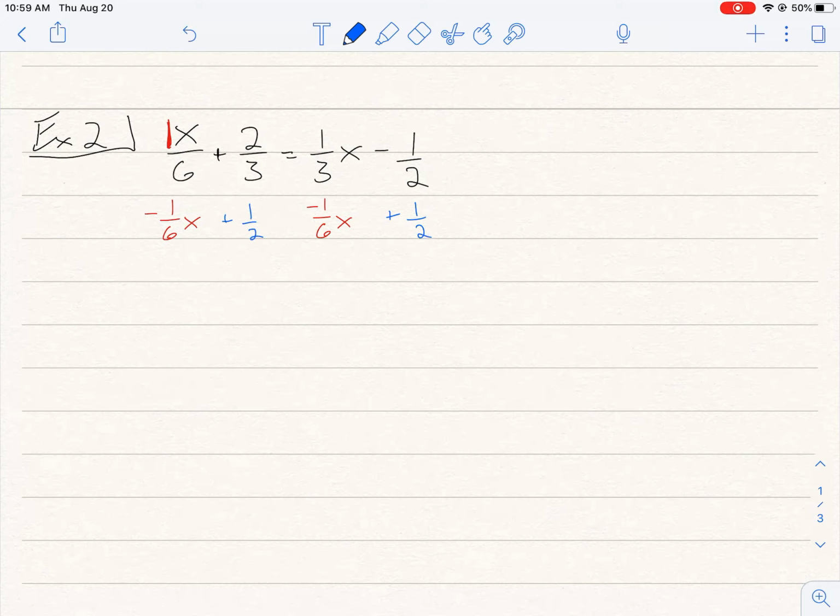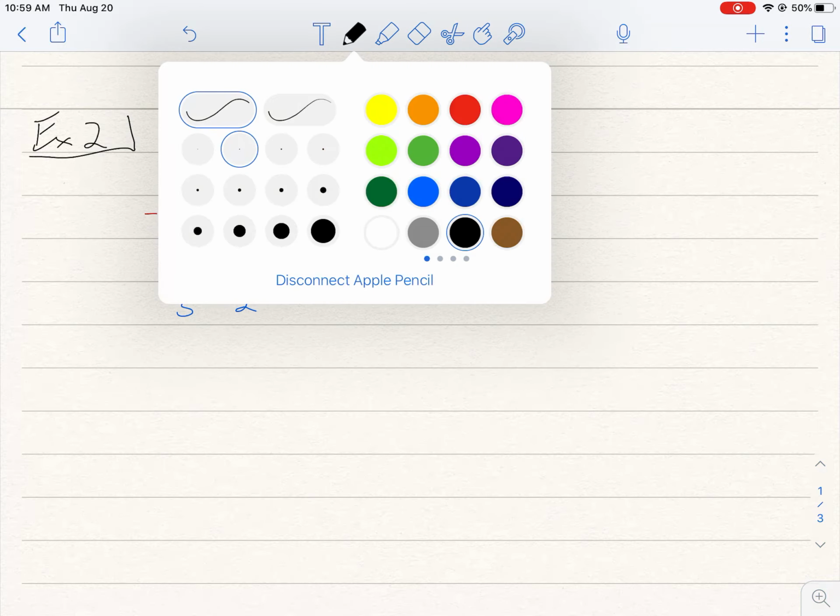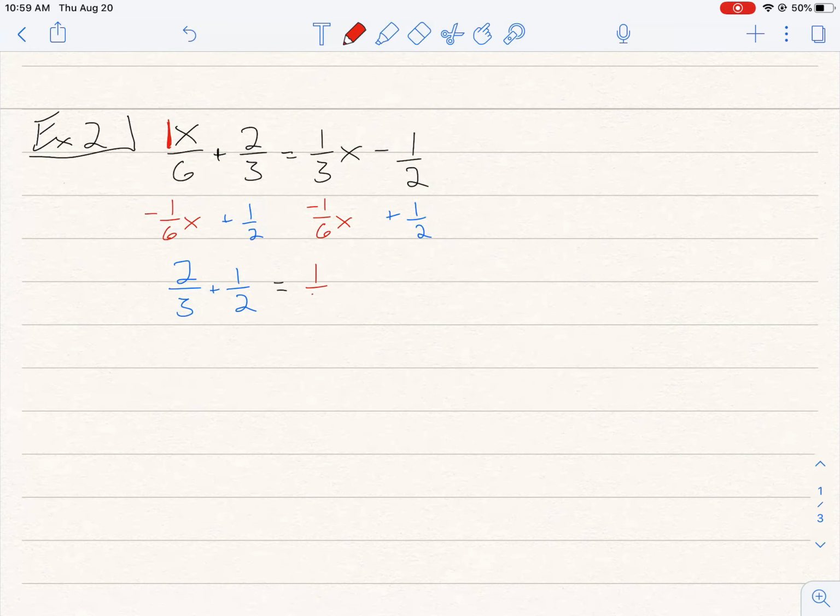So what happens is over here, I get 2/3 plus 1/2, and that's equal to 1/3 x minus 1/6 x.